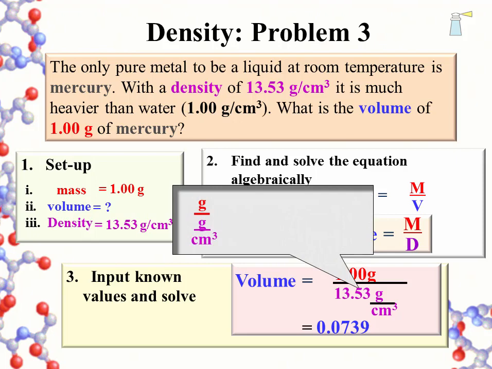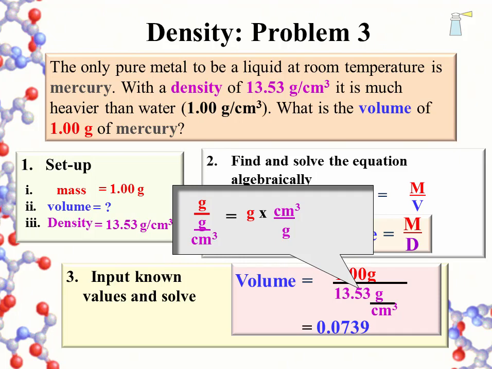Here we have just the units. In the numerator, we have the grams for mass, and in the denominator, we have the fraction grams over cubic centimeters from density. When we realize that we are really just dealing with division of fractions, we can employ the fraction division rule that says flip the second or bottom fraction and multiply.